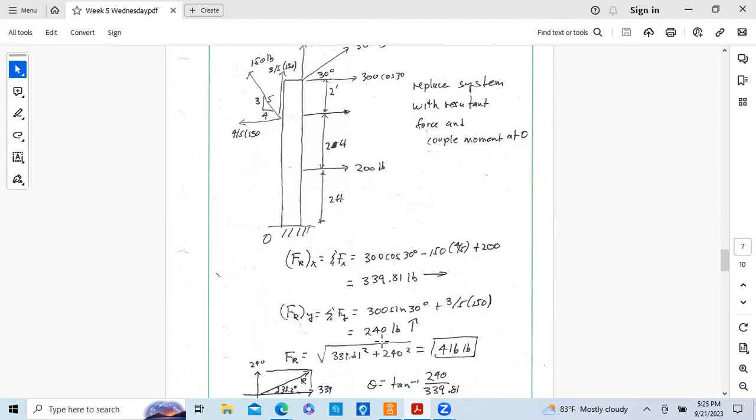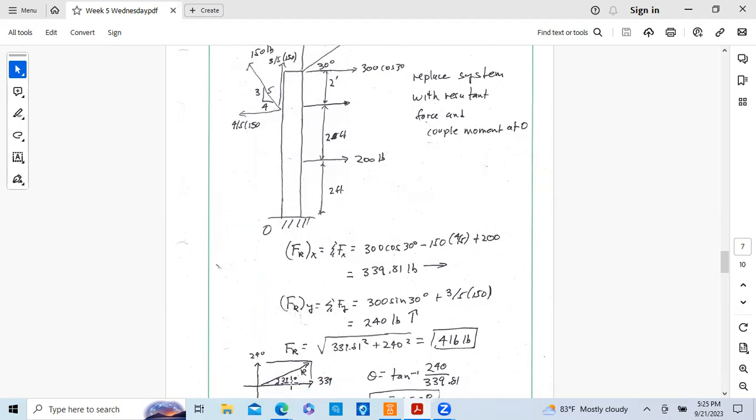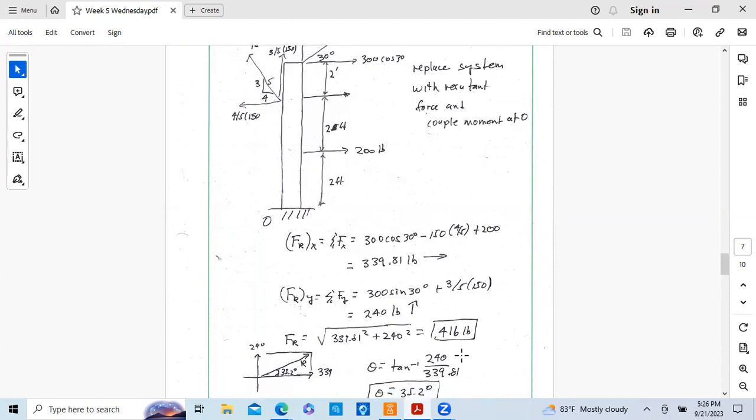Okay, so we have an X and Y component. I just sketch it out here. Here's the 339 and we had the 240. We know the resultant force then is the square root of the sum of the squares of the X and Y components, which is what we did here. And carried out to 3 places, it's 416 pounds. And we also need to know the angle that it's going to be acting.